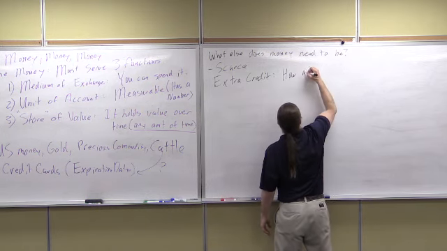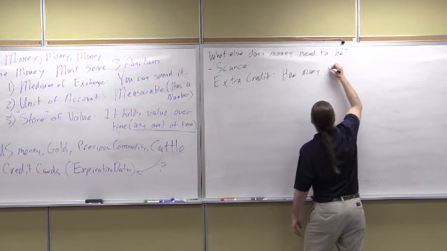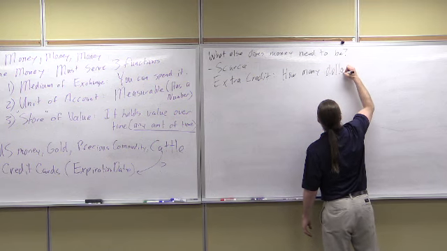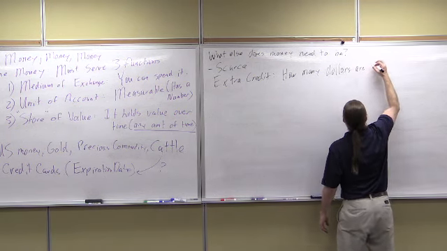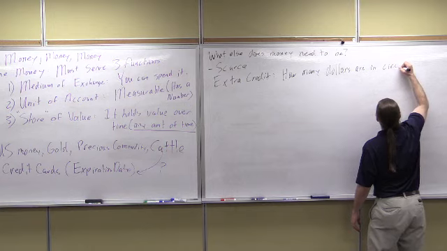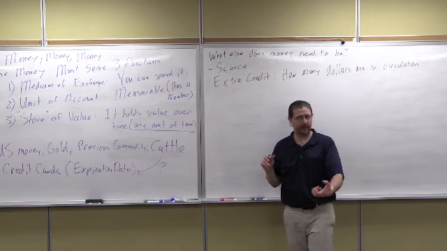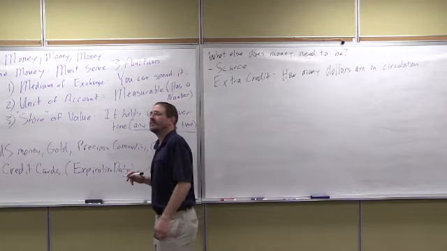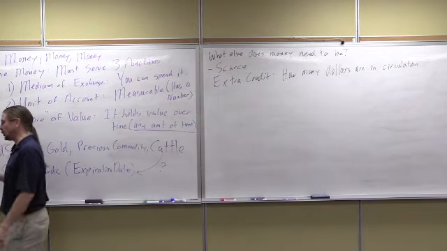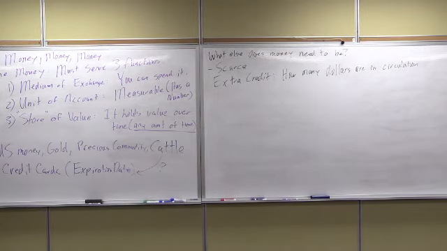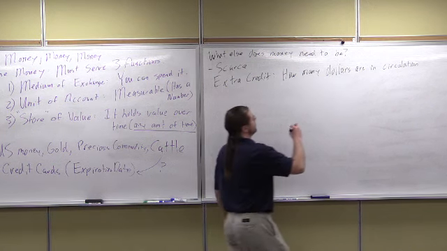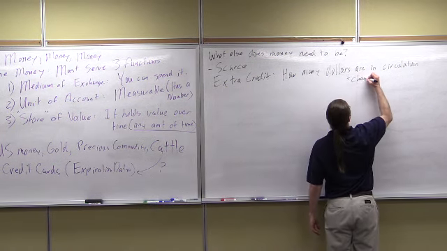Extra credit. How many dollars are in circulation physically? Like $1 bills? Dollars total. Actual physical cash monies. Don't forget the change.